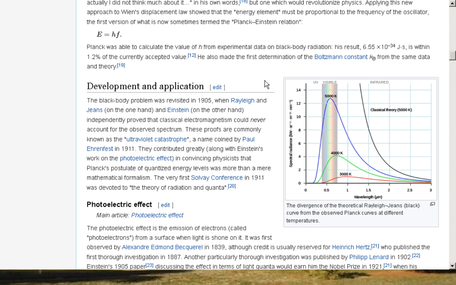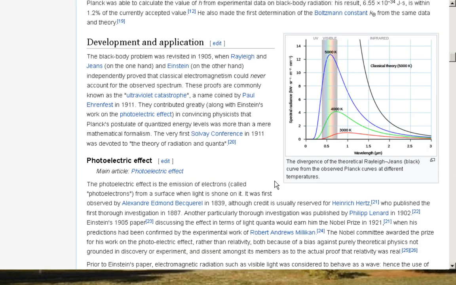The blackbody problem was revisited and independently proved that classical electromagnetism could never account for the observed spectrum. These proofs are commonly known as the ultraviolet catastrophe, convincing physicists that Planck's postulate of quantized energy levels was more than a mere mathematical formalism.